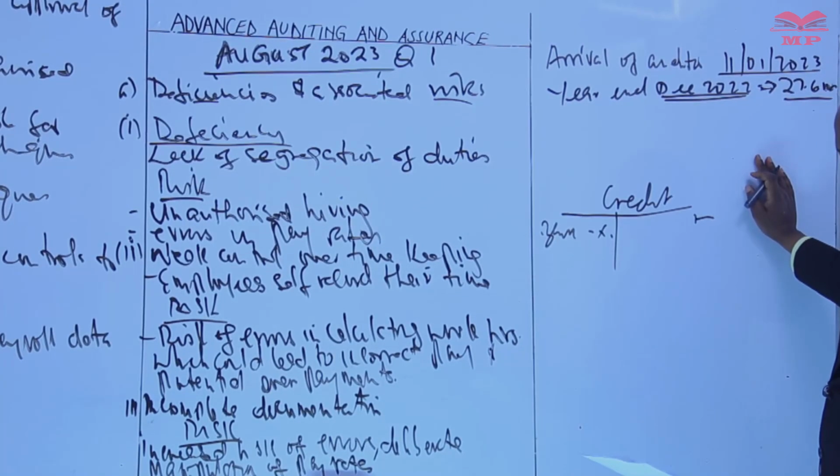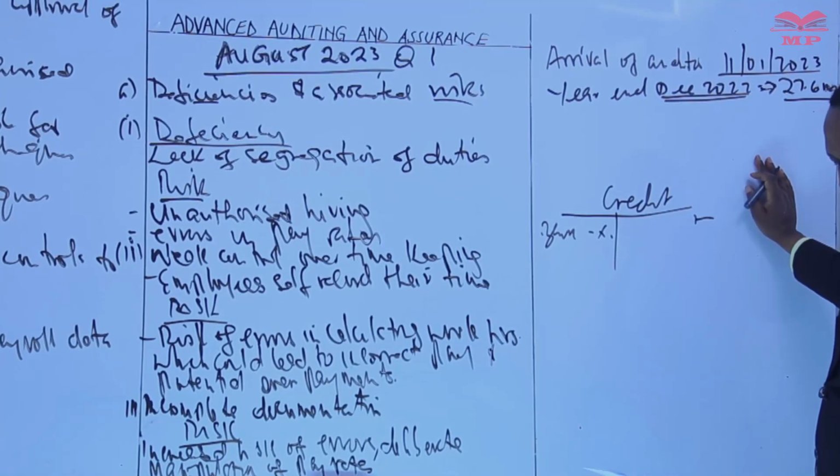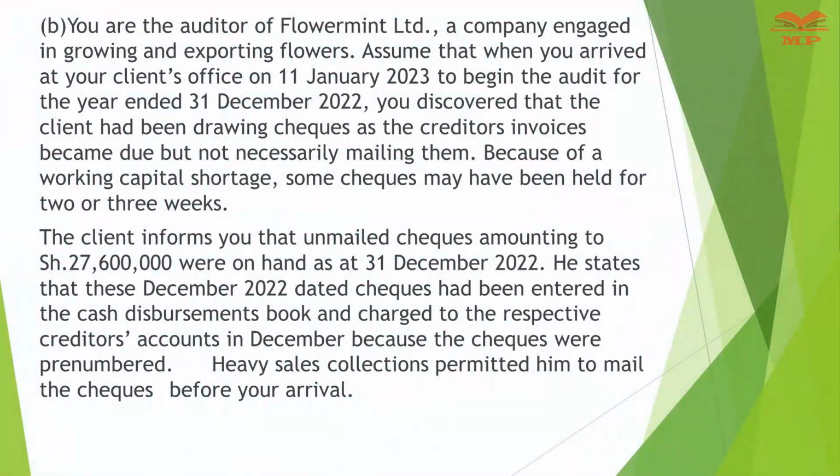Had been entered in the cash disbursement book because the checks were pre-numbered. Heavy sales collections permitted him to mail the checks before your arrival. Do you see that? So before you arrived here, just before 11th January 2023, it tells you that the checks were disbursed.